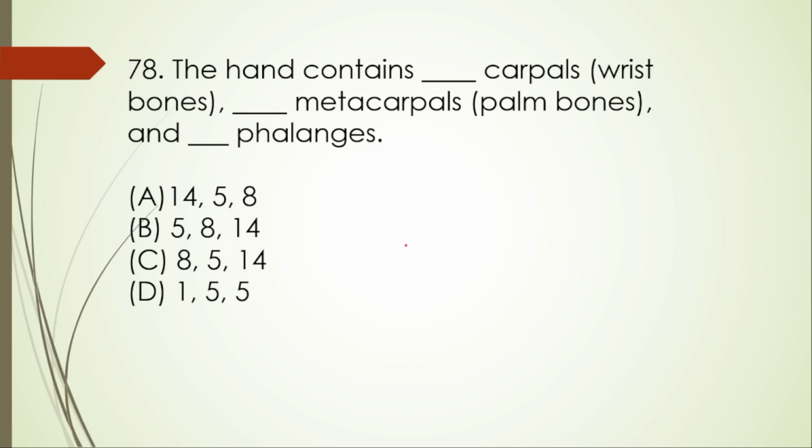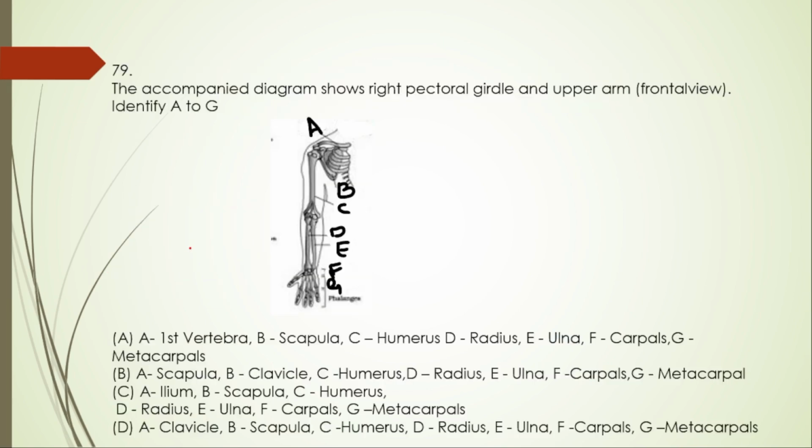The hand contains dash carpals, that is wrist bones, dash metacarpals, that is palm bones, and dash phalanges. The hand contains 8 carpals, 5 metacarpals, and 14 phalanges. So 8, 5, 14. Right option is option C.